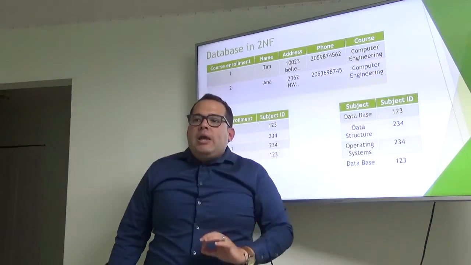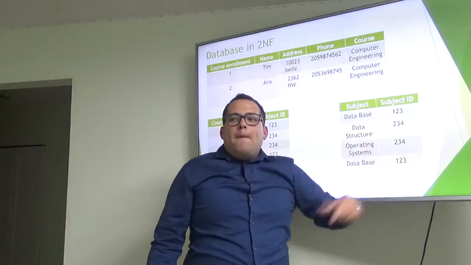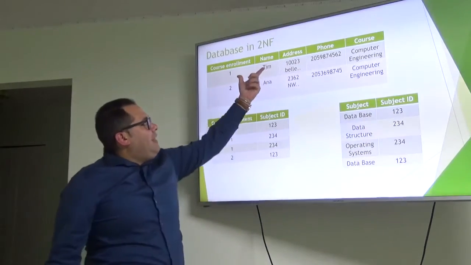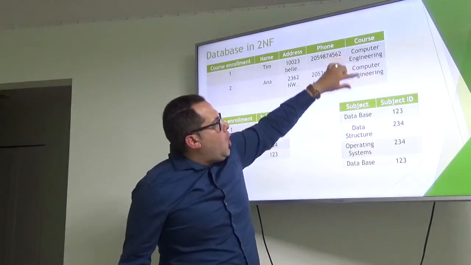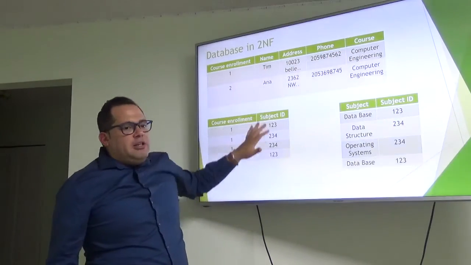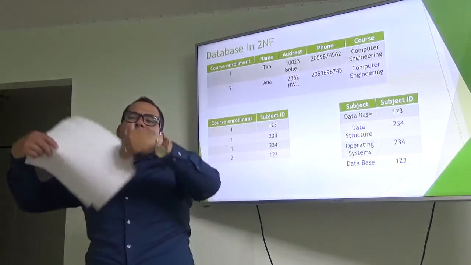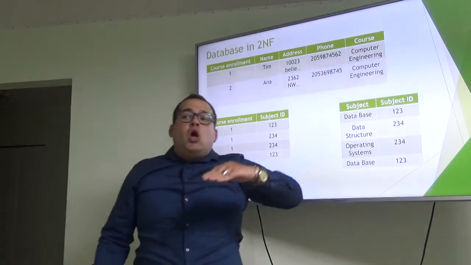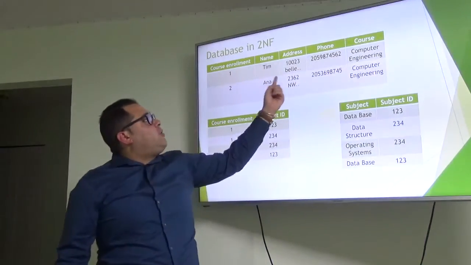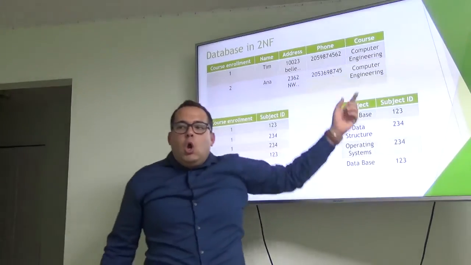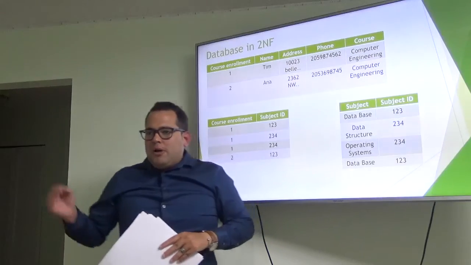However, we must separate the course because we can have the same course for different names. So if we create another table preventing that transitive relation, we will have a third normal form.